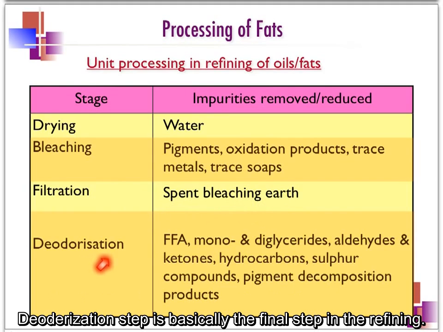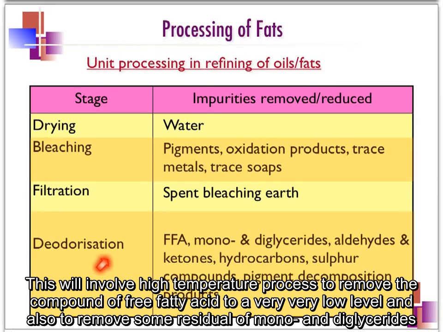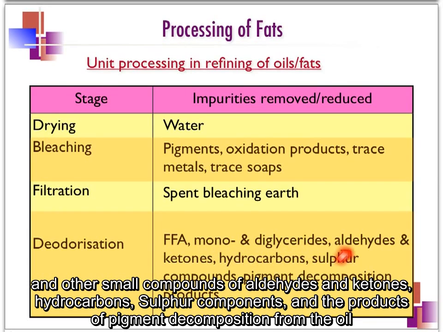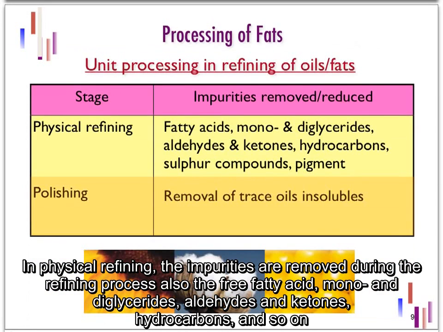Deodorization step is basically the final step in the refining. This will involve a high temperature process to remove the volatile fatty acid down to a very low level, and also to remove some residual mono and diglycerides and other small compounds, aldehydes and ketones, hydrocarbons, sulfur compounds, and the products of pigment decomposition from the oil.